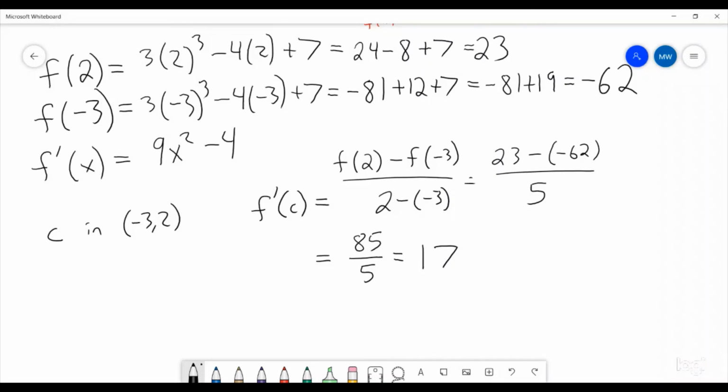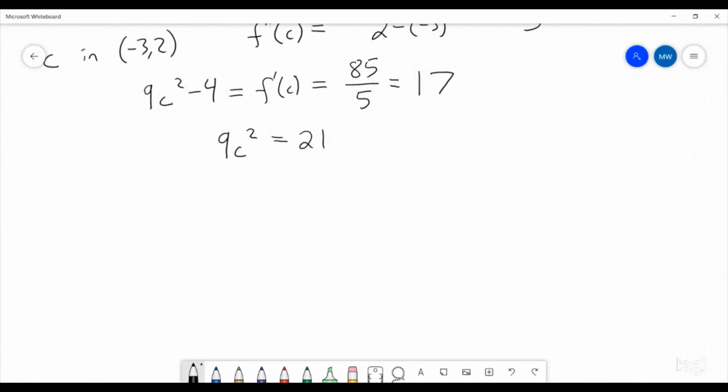Now what is f prime of c? Well, f prime of c is just plugging c into our f prime equation. So that's 9c squared minus 4. So we're solving for where 9c squared is equal to 21. If we keep solving, that means c squared is equal to 7/3. So c is one or the other of the square root of 7/3.